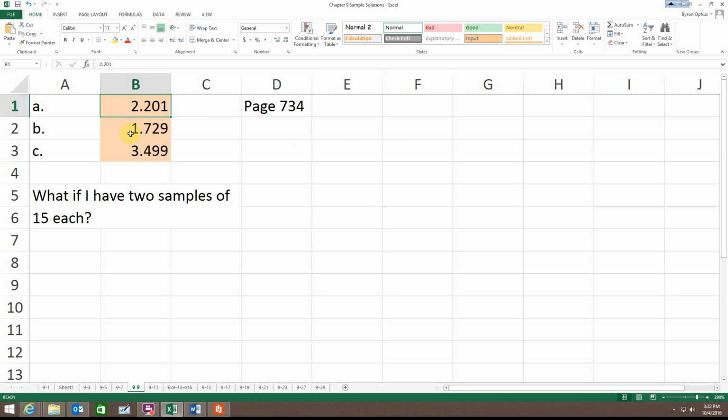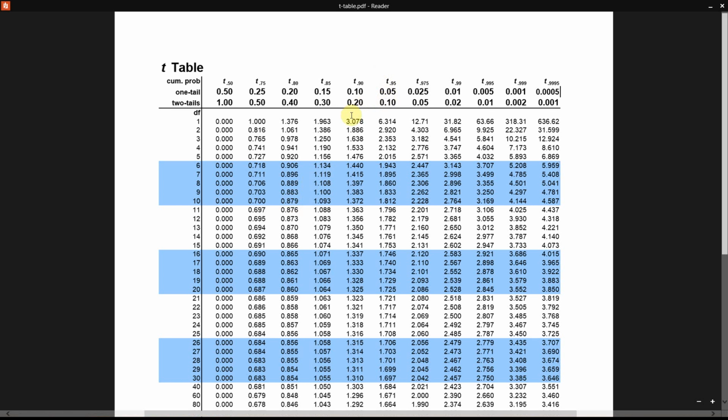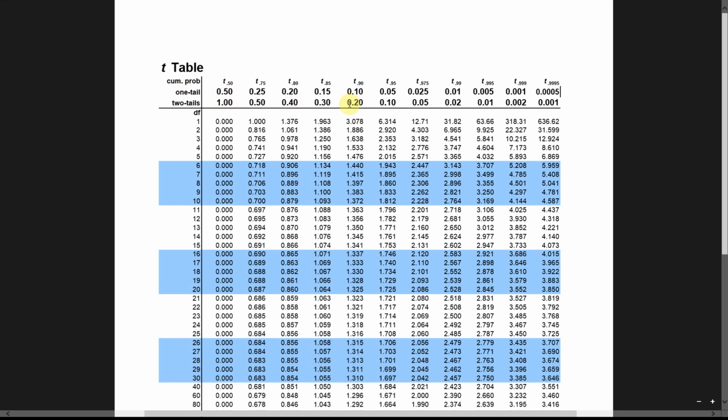There you go. B then says the sample size is 20 and the level of confidence is 90%. So our degrees of freedom would be 19, and we would use 0.10, since it's a two-tailed test, 1 minus 90% basically.